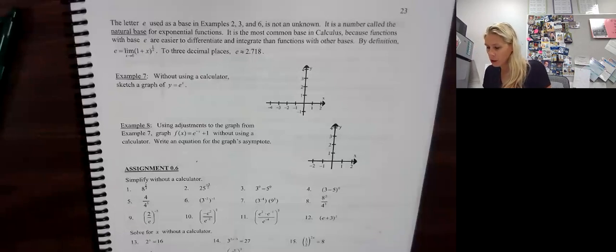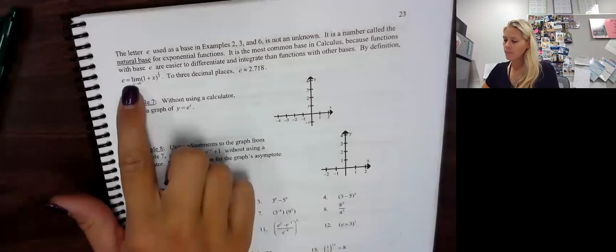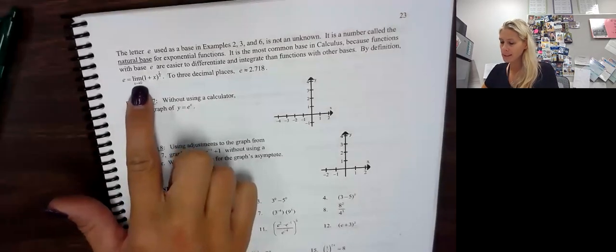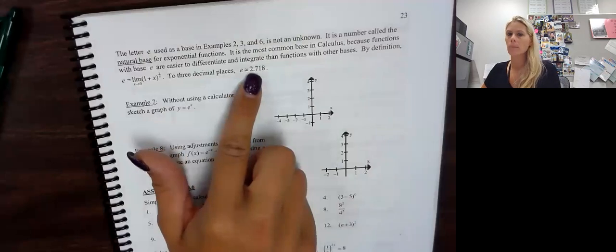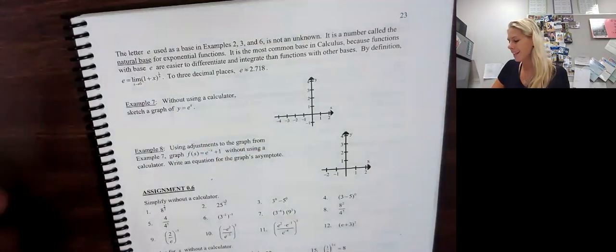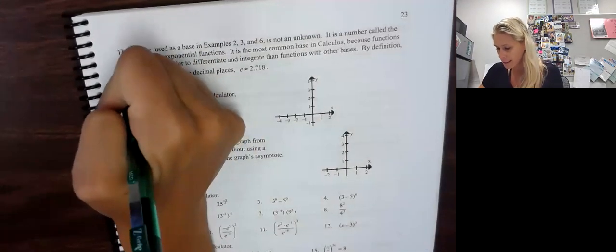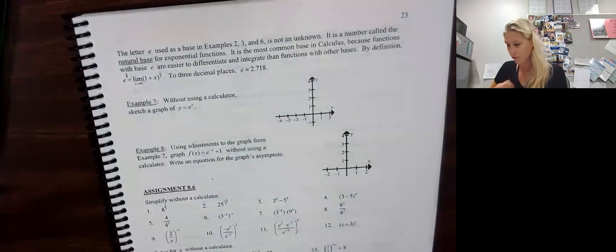By definition, if we were approaching 0 and we went out 3 decimal places, e is approximately 2.718. Now remember, e itself is e to the first, and that's why we did 2.7 for that coordinate.